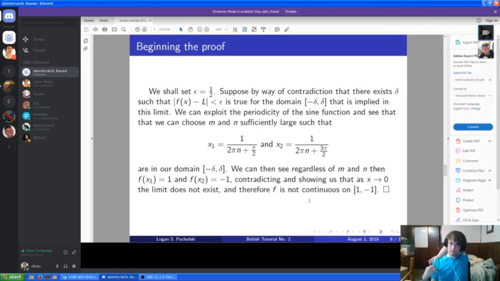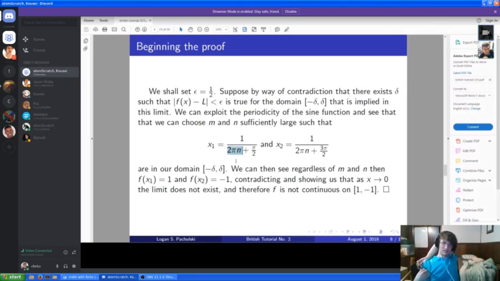So, we can define x sub 1 to be 1 divided by 2 times 2 pi n, with n sufficiently large, plus pi over 2. Similarly, we can define x sub 2 equals 1 over 2 pi, and I copy-pasted it, it didn't work. So you want m in the second one, right?